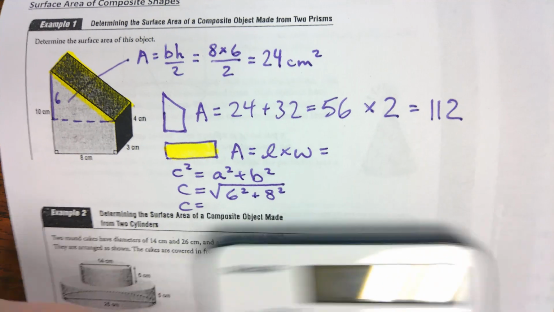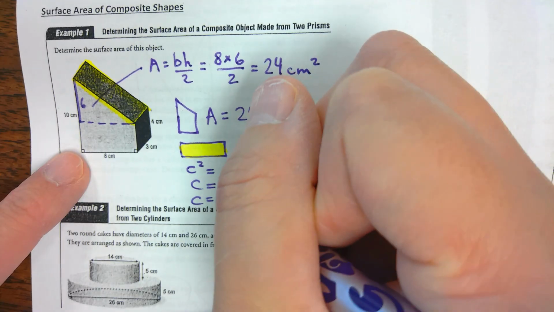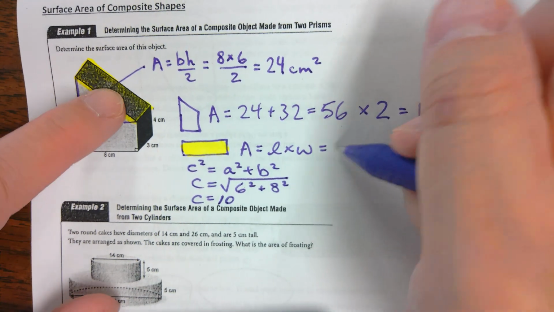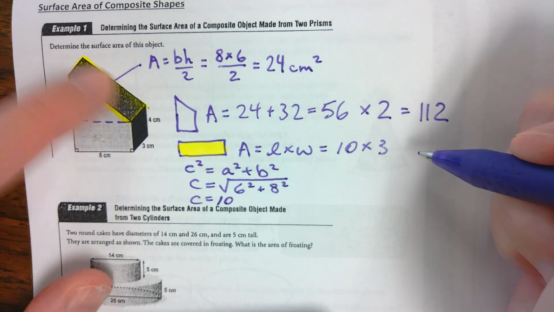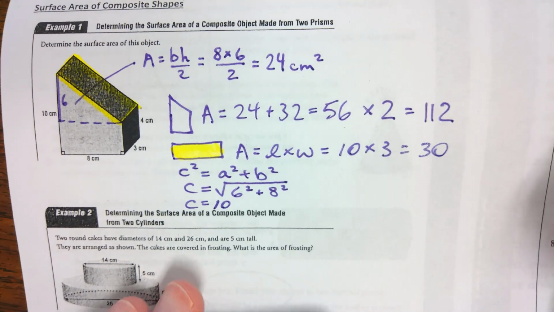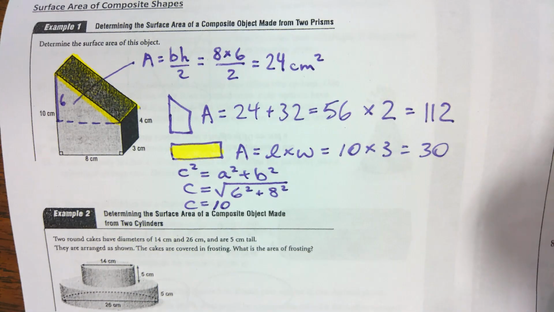We get 100. Square root of 100 is 10. So for this rectangle, it's a 10 by 3 rectangle, which is 30. How many of these do I have? Just the one, right?